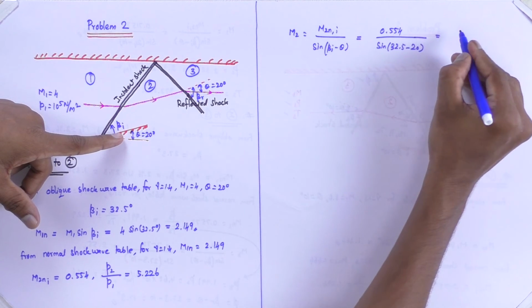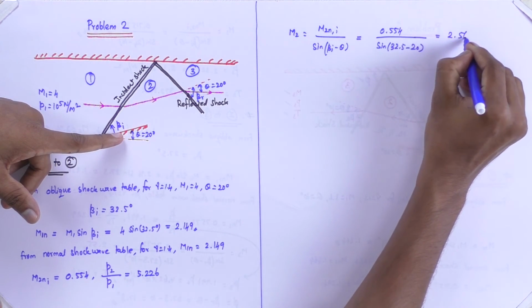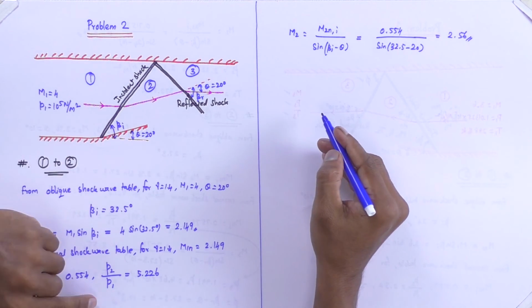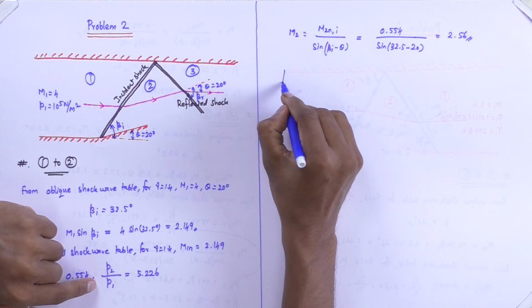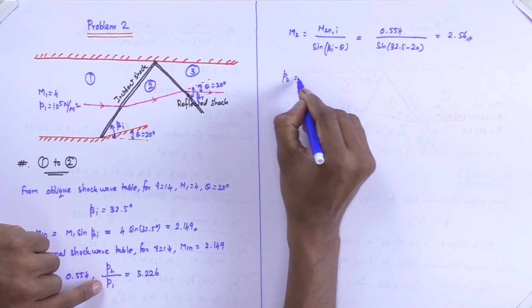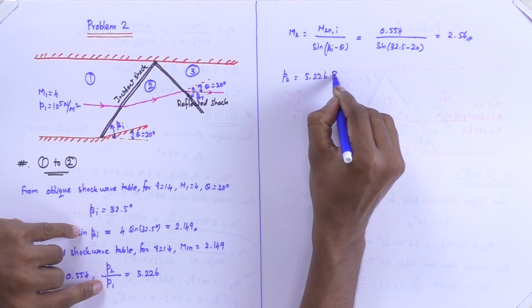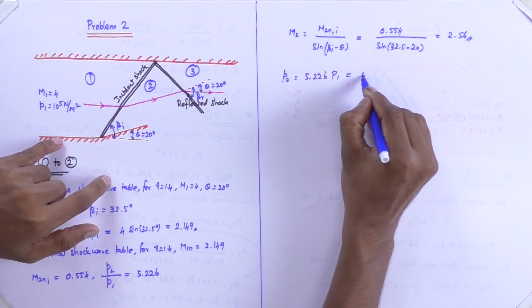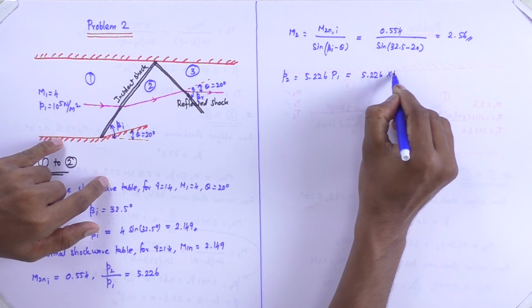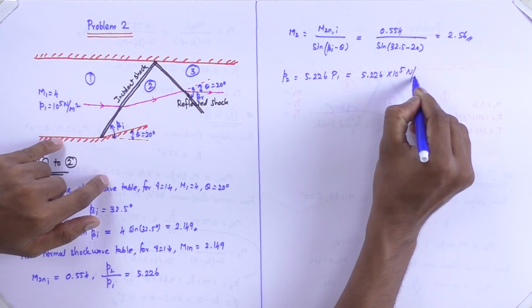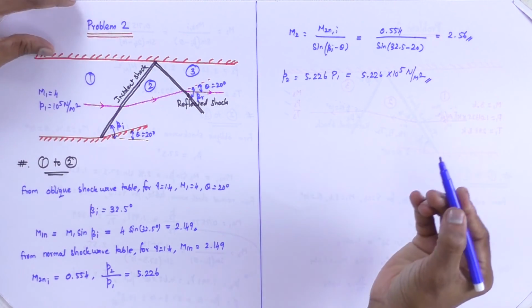So this will give us the Mach number 2.56. Then we need to calculate the P2 value. From this ratio, P2 is equal to 5.226 times P1. So this will give us 5.226 into 10 power 5 Newton per meter square.